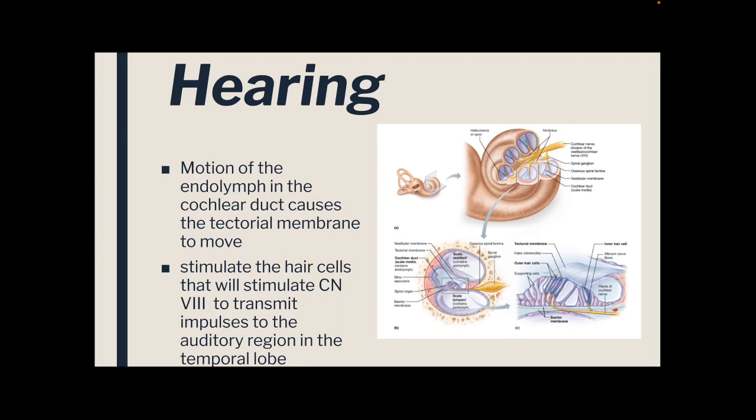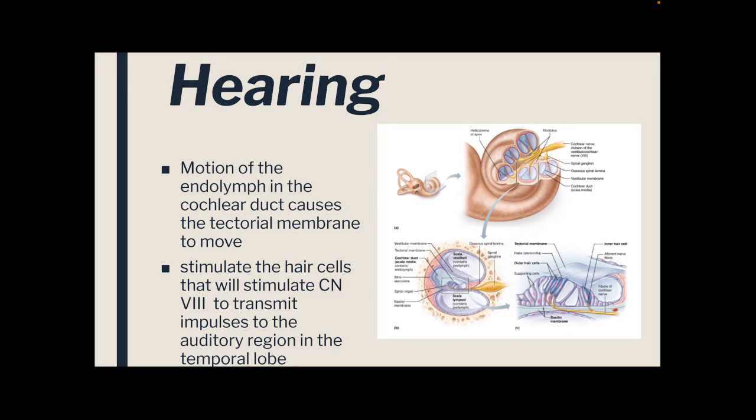So what happens is the endolymph, which is a fluid in your cochlear duct, is going to cause your tectorial membrane to move. This is going to cause your hair cells in the organ of Corti to move. The cochlear part of the vestibulocochlear nerve is going to be stimulated, because the cochlear part of your vestibulocochlear nerve is what does the hearing part.